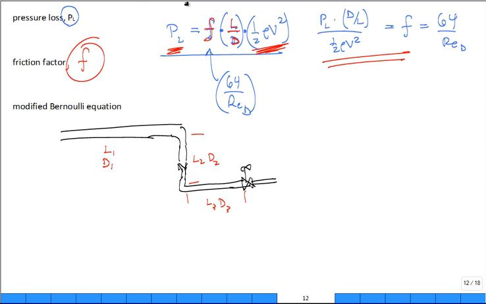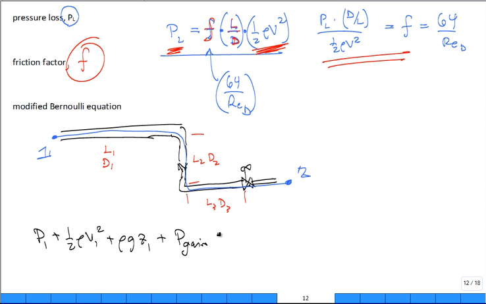Okay? What you do is, starting the equation, Bernoulli's equation, go like this, all the way through, modified Bernoulli from 1 to 2. You would say, okay, the pressure at 1 plus 1/2 rho V1 squared plus rho GZ1 plus any pressure gains equal to the pressure at 2 plus 1/2 rho V2 squared plus rho GZ2 plus any pressure losses.